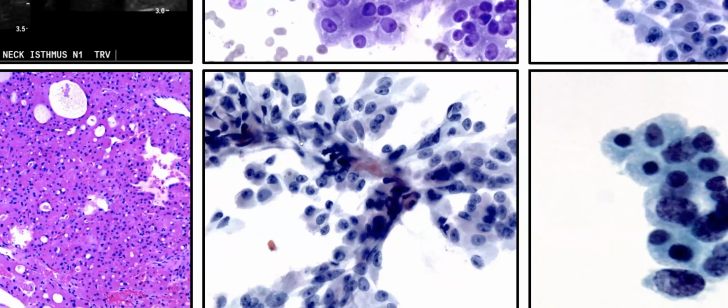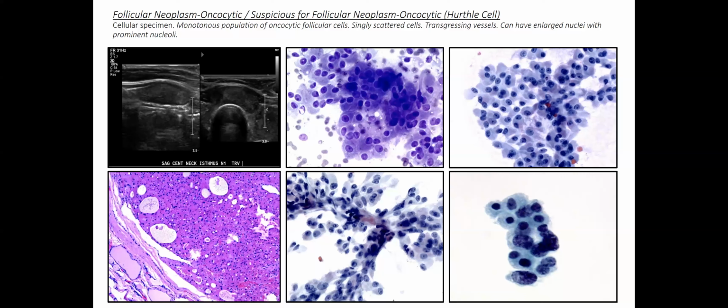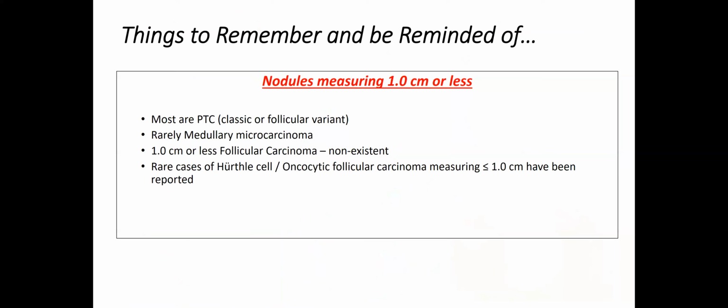Some of these tumors may show what are called transgressing vessels. That means these cell groups are connected by blood vessels, because these tumors have a lot of vessels within them. They do not have a lot of stroma as you see in papillary thyroid carcinomas.